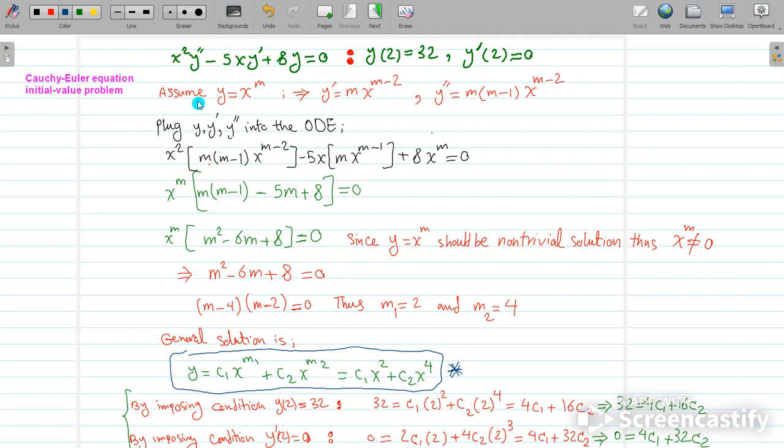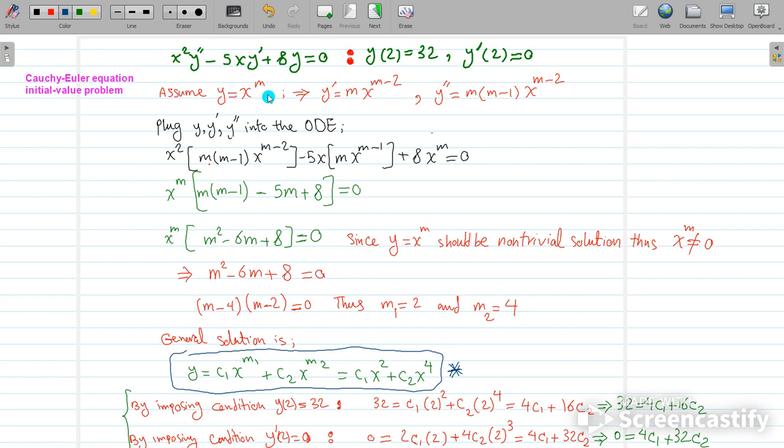In the first step, we assume that the y we are going to find for this differential equation has the form y equals x to the m, and then we can find y prime and y double prime to plug into the original Euler equation to find the right and best m for this case, because m is unknown.